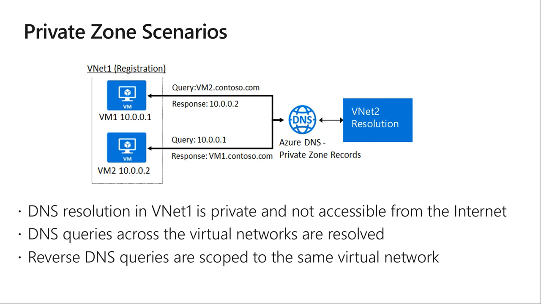So a DNS query from VM1 to resolve VM2.contoso.com will receive a DNS response that contains the private IP of VM2. Furthermore, a reverse DNS query, the PTR, a pointer record, for the private IP of VM1, 10.0.0.1, from VM2 will receive a DNS response that contains the FQDN of VM1, as expected. Right, so that's the scenario.